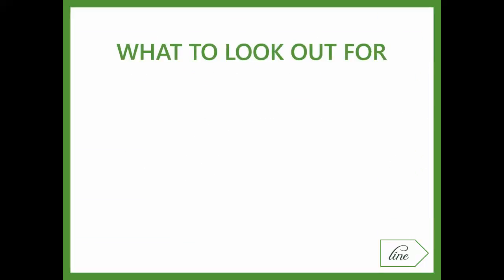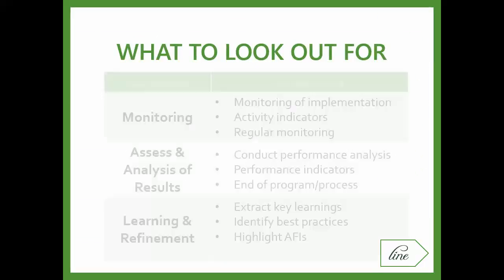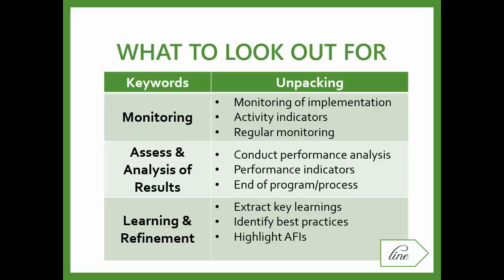In summary, here is what to look out for when conducting the evaluation. These are the three key things that you want to take note of. The monitoring of implementation, having a series of activity indicators, and doing the monitoring on a regular basis. Assess and analysis of results, conduct performance analysis.